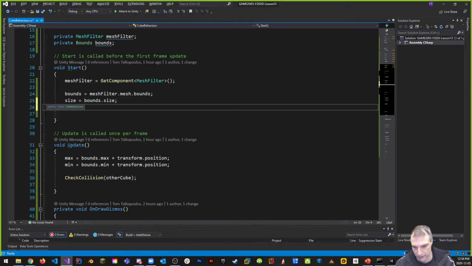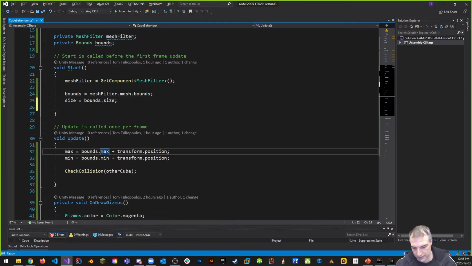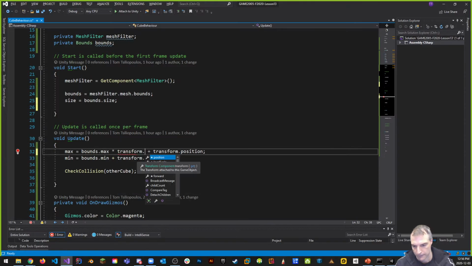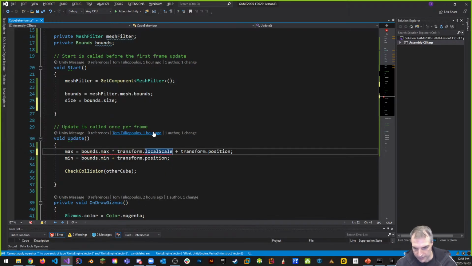Let's try this out. In real time, I want to take my max and multiply it by my local scale, and my min, multiply it by my local scale. If it's 1, it's going to be the same. Transform dot local scale. But here's something that happens.